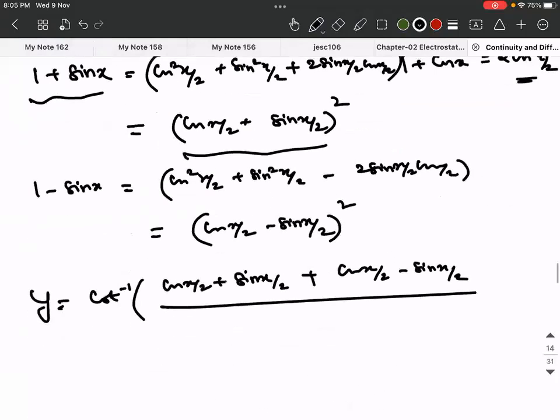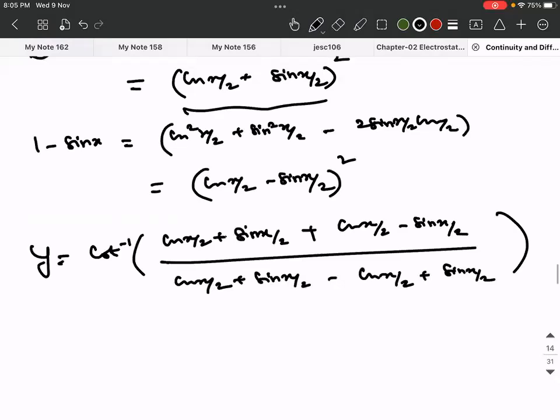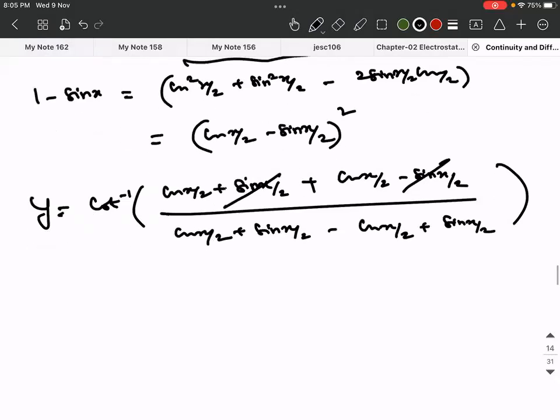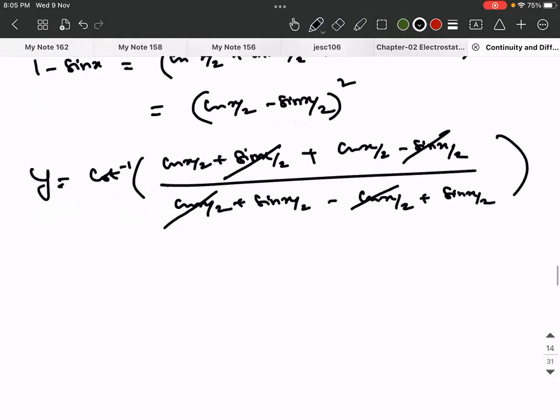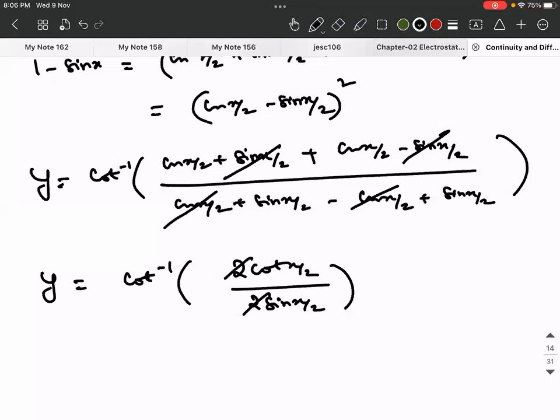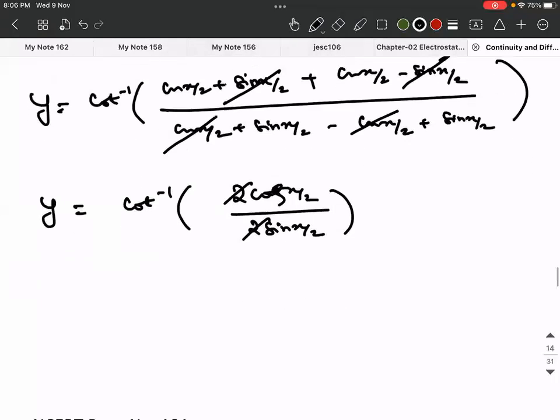So root of 1 plus sin x will be cos x by 2 plus sin x by 2, minus cos x by 2 plus sin x by 2. So sin x by 2 and sin x by 2 are lost, cos x by 2 and cos x by 2 get cancelled. So y will be equal to cot inverse of 2 cot x by 2 divided by 2 sin x by 2. Cancel them. Sorry, cos x by 2 by sin x by 2.